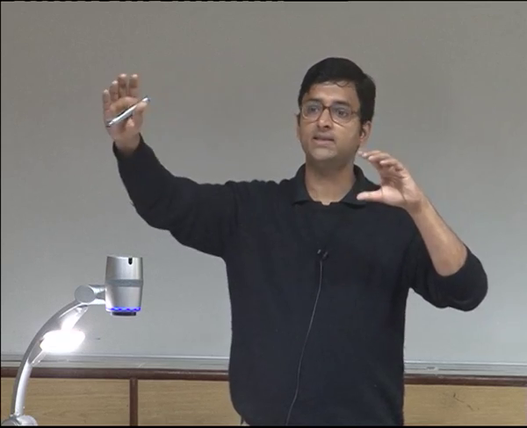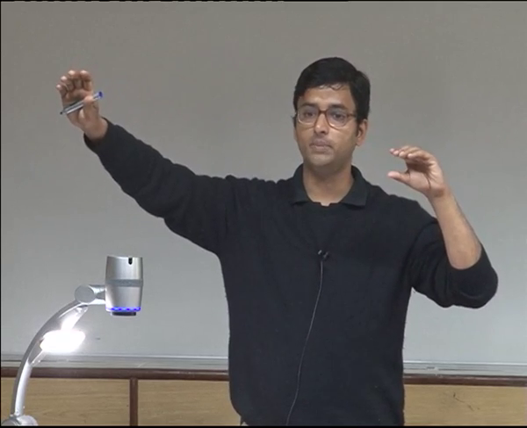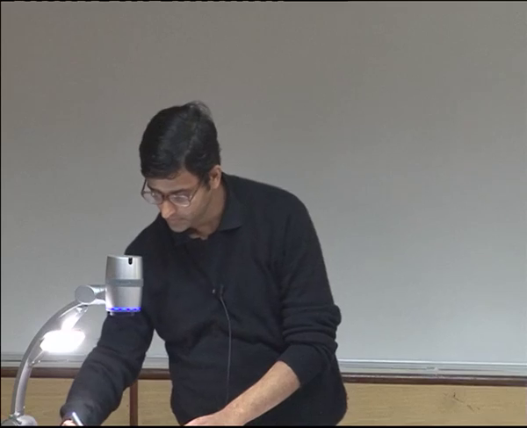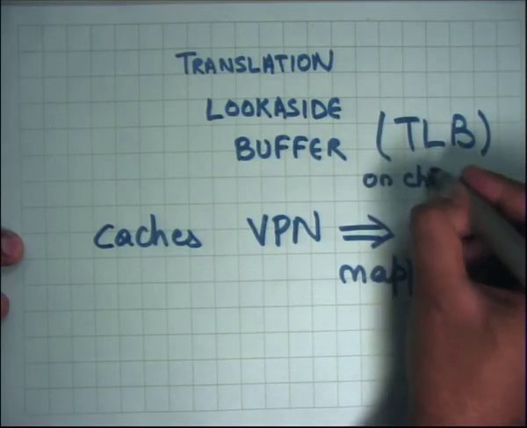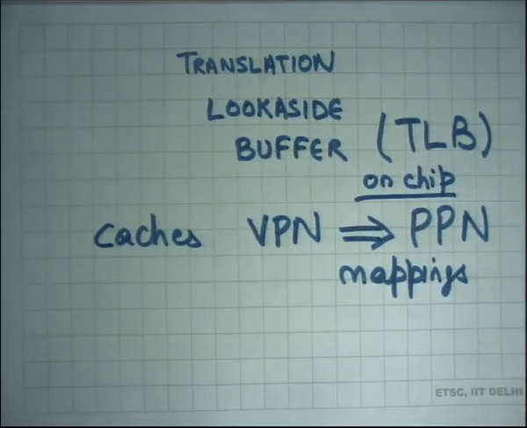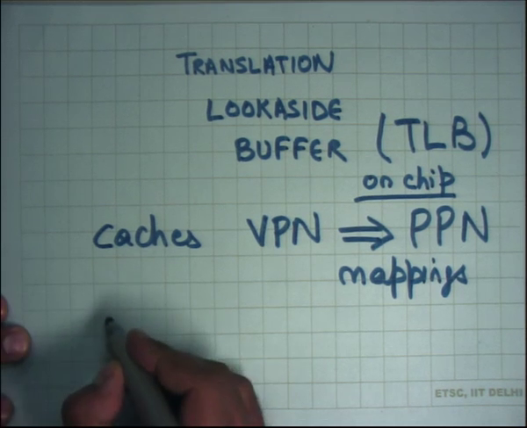So if you could cache this end-to-end mapping from VPN to PPN in your TLB, you could first check your TLB, and the TLB is on chip on the CPU. If the VPN corresponding to the virtual address being accessed is already in the TLB, you don't need to walk the page table. You can just get the PPN from there, add the offset and directly access the memory.